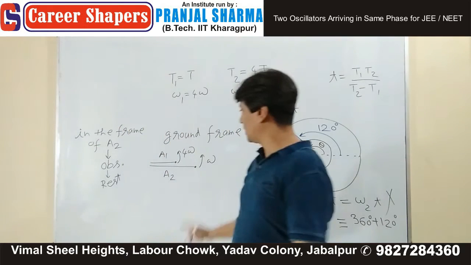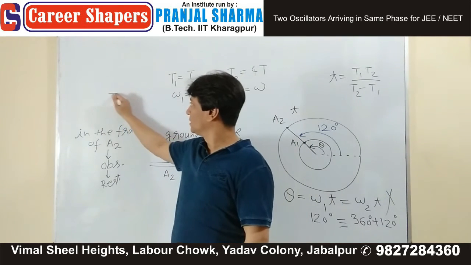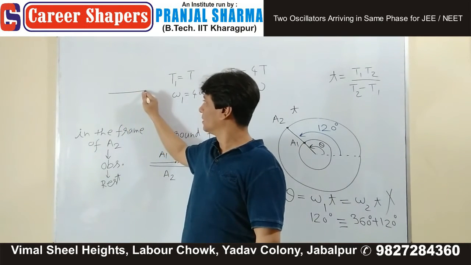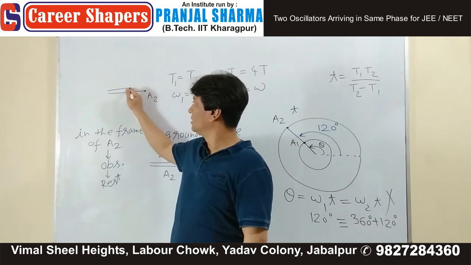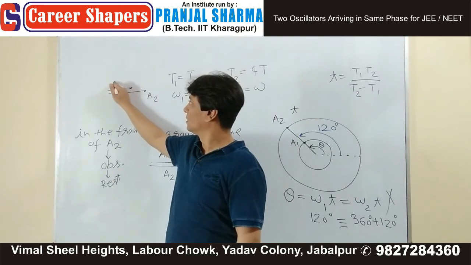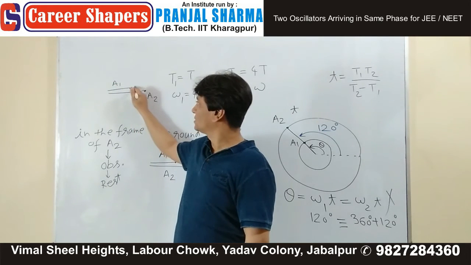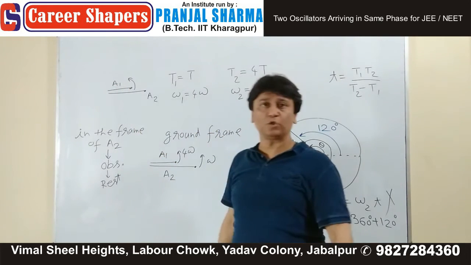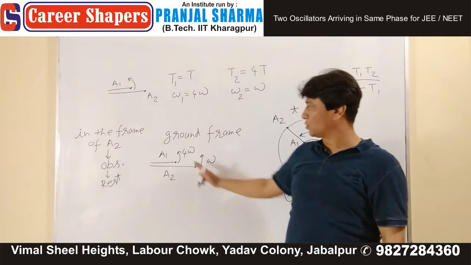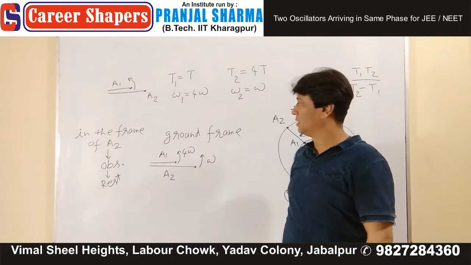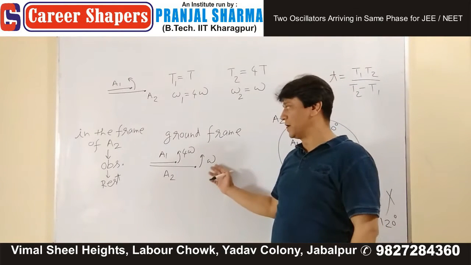This is your A2, and this is A1. But A1 is now rotating with what? For the ground observer, it is rotating with 4 omega, and A2 is rotating with omega.